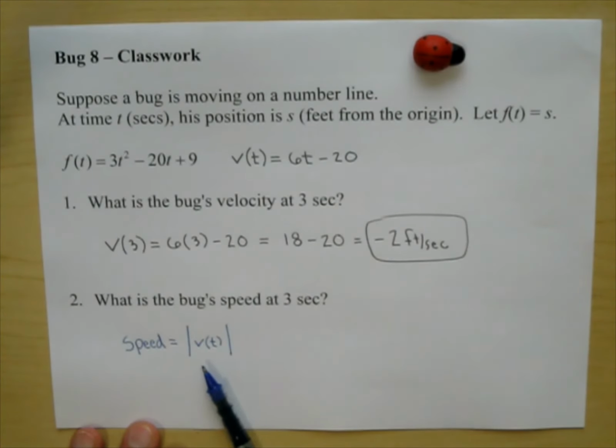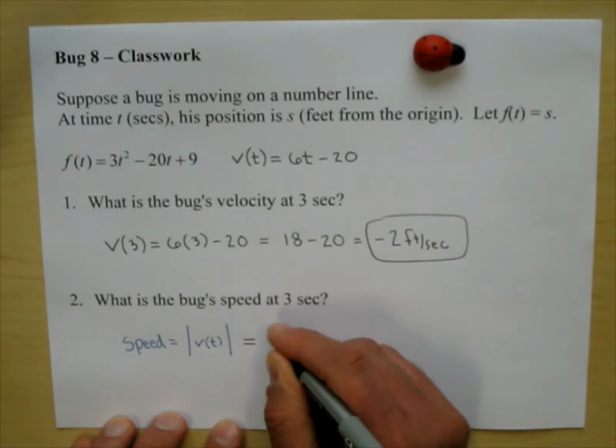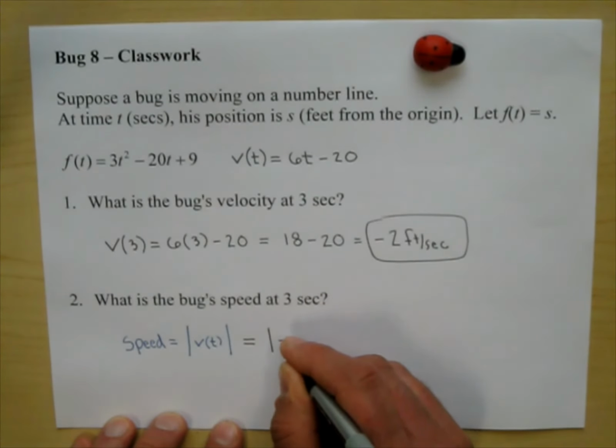Okay, so we'll do that in calculus 2, where the bug is then moving, and his velocity is going to be measured by 2 functions, and then his speed, you'll kind of put those 2 functions together. But here it's very simple. So watch this. For this problem, the speed is the absolute value of negative 2.